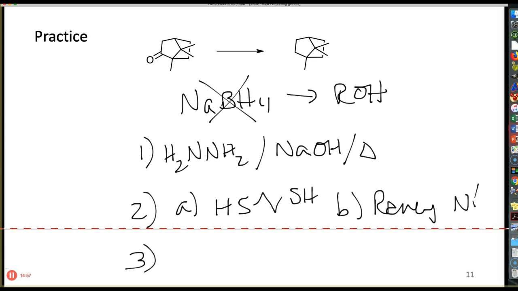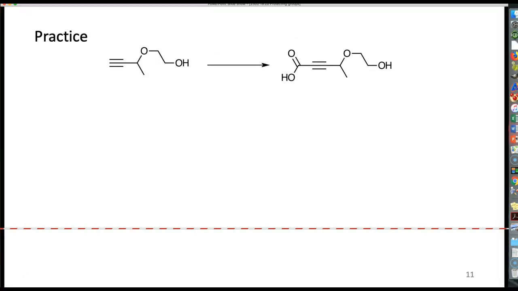Or, I'm not going to use the name, we'll just say the Clemmensen, which has the zinc amalgam and HCl. So there you go. How would we do this?